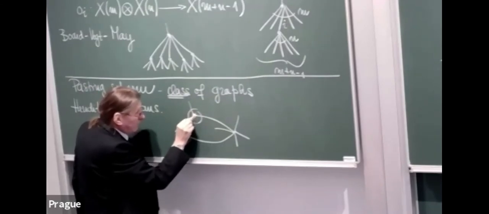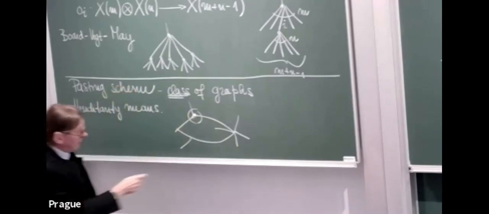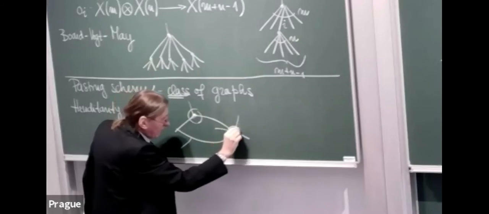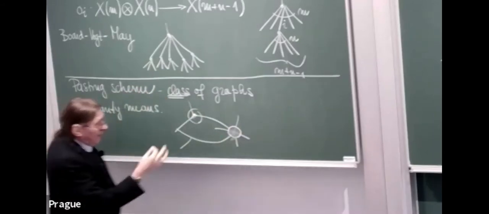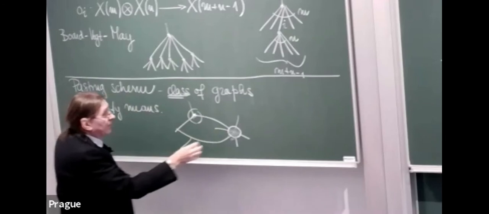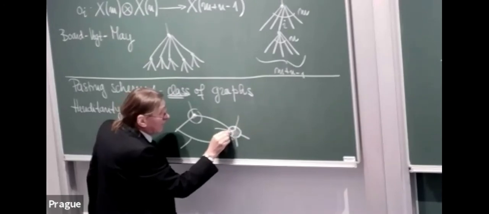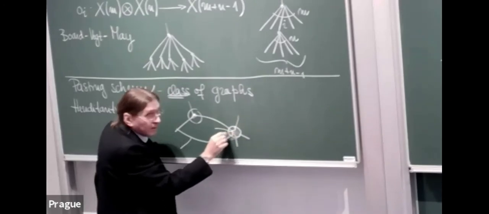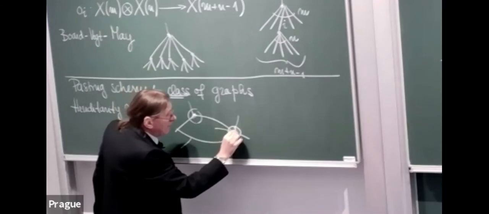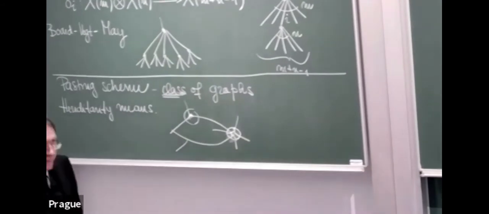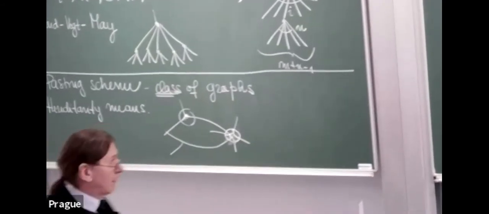It's kind of difficult to draw, but I'll try. So the vertices themselves are graphs, so the graph is nested. This is what I want to say. So the vertex itself is a graph, something like this. So I'm given a graph whose vertices are decorated by graphs of the same class.